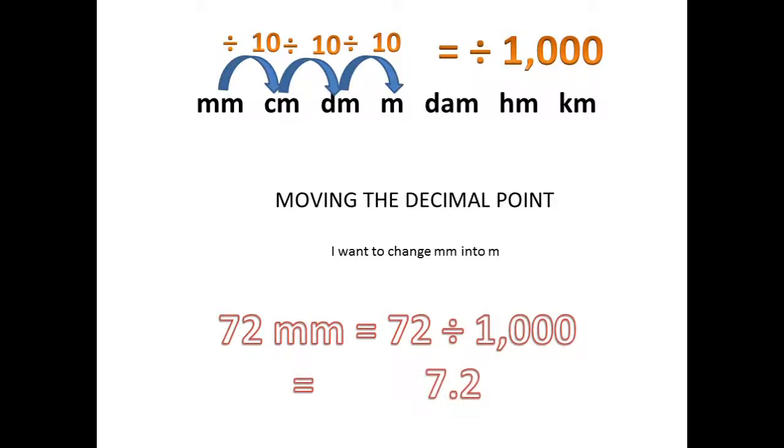I move it once for dividing by 10. I move it twice for dividing by 100. And I'll move it 3 times when I'm dividing by 1,000. So the answer I would have, 72 millimeters into meters, would be 0.072 meters.